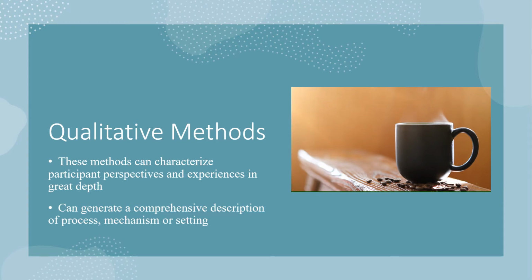So qualitative methods can do a couple of things. The first is generating a comprehensive description of processes and mechanisms. So think about processes of implementing educational services, mechanisms of how one training may achieve a particular outcome or setting, and what it is like to care for students in an institutional environment.